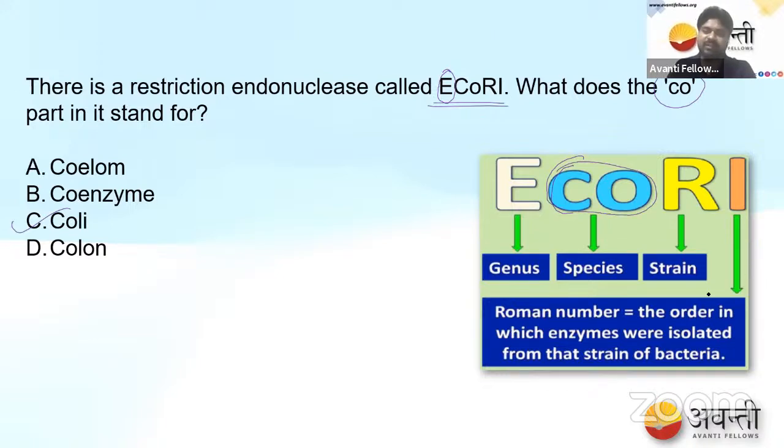Okay, R and 1. So 1 is the order in which we isolate the enzyme. So actually, EcoR1 is isolated from Escherichia coli. Escherichia coli is one of the bacteria, and that's why co means the species name of that specific bacteria, and that's why option C is the correct option.